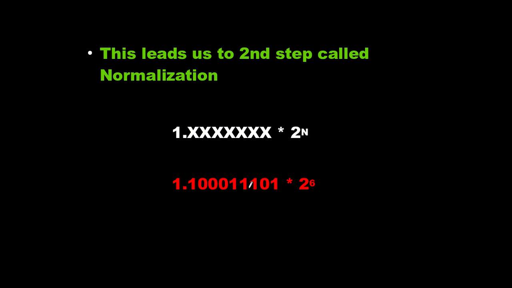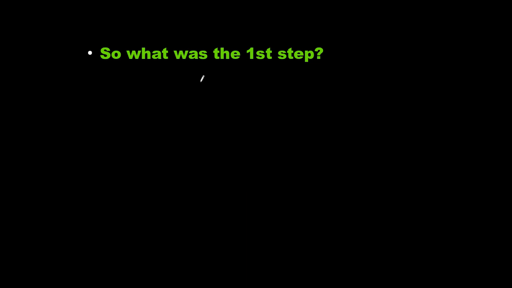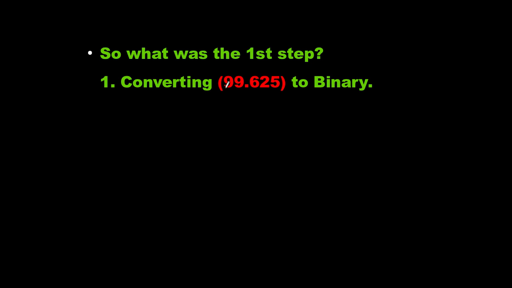Okay, going back to that slide. What was the first step? Remember what was the first step? Converting to binary. We converted this to this. Second step, we normalize or standardize.